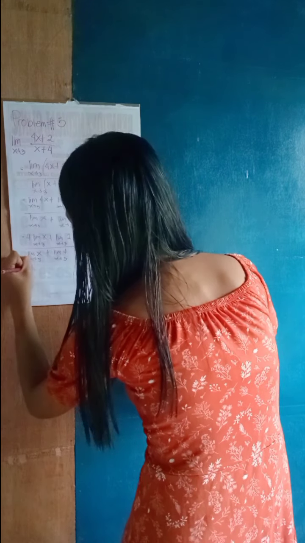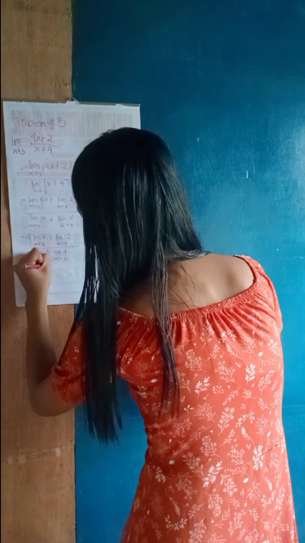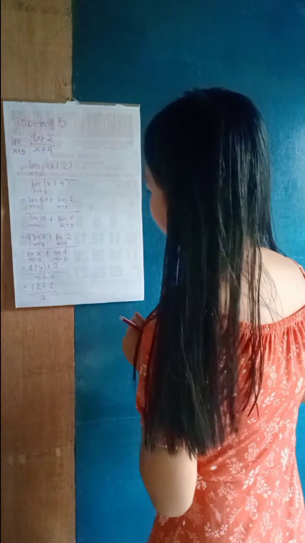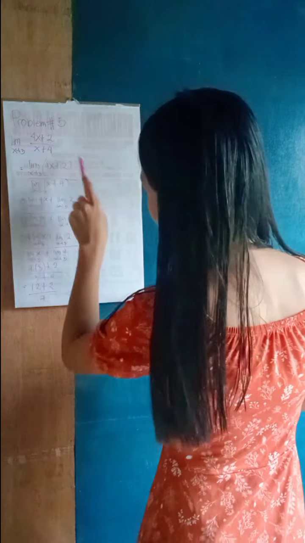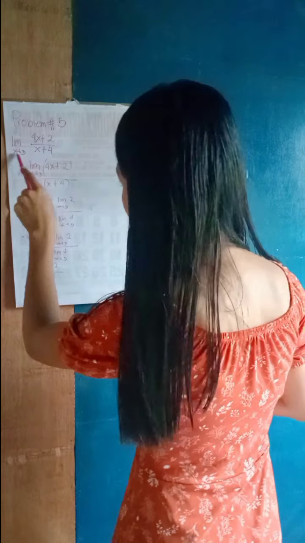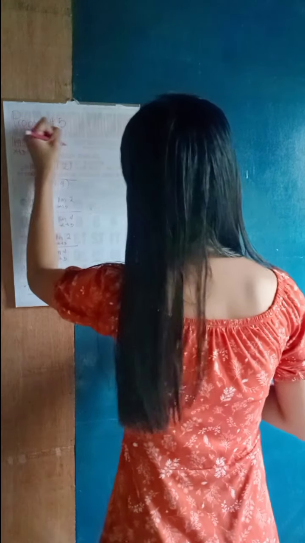So this will become 4 times 3 plus 2 over 3 plus 4. So we have 12 plus 2 over 7. And the final answer of limit 4x plus 2 over x plus 4 as x approaches 3 is equal to 2.